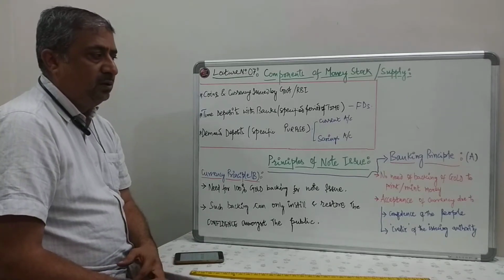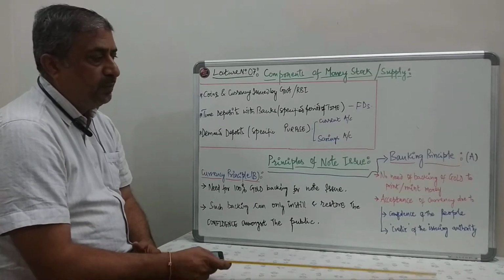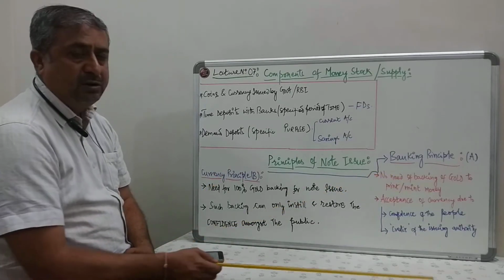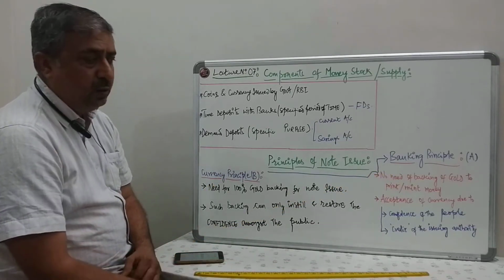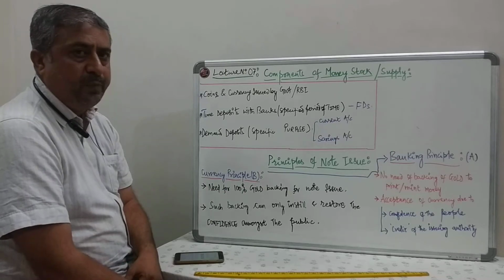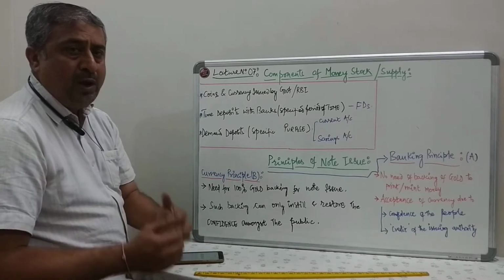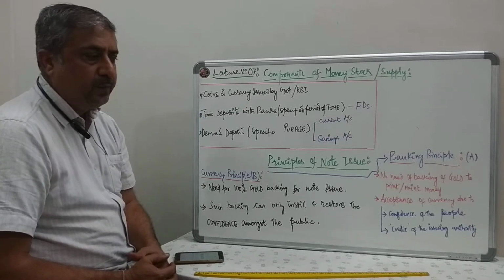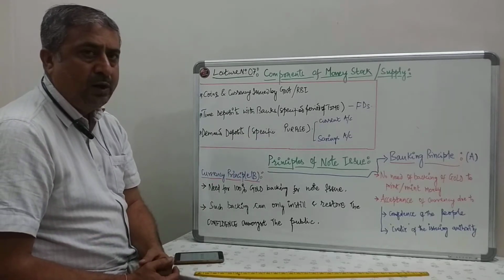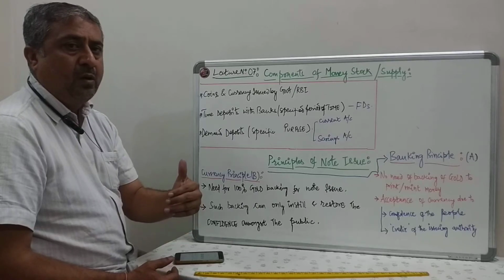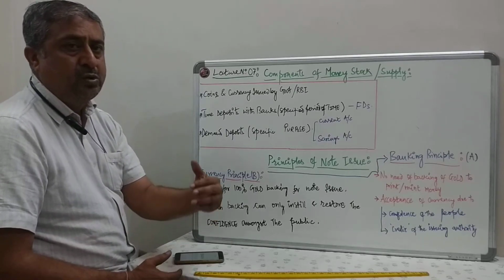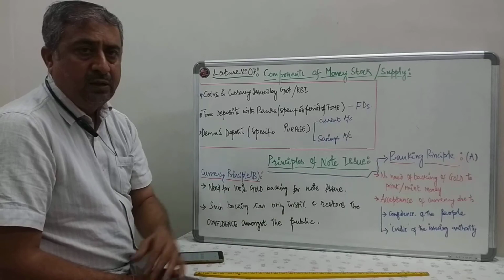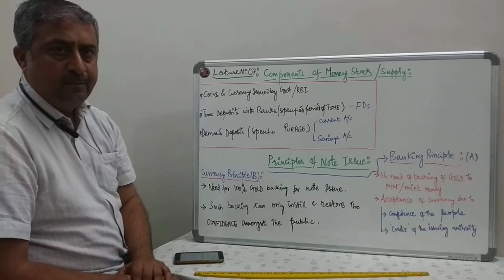Earlier, there were two principles: banking principle and currency principle. Now, what is the banking principle? As and when the money was required, banks or the RBI used to mint or print money in the form of coins and currency.